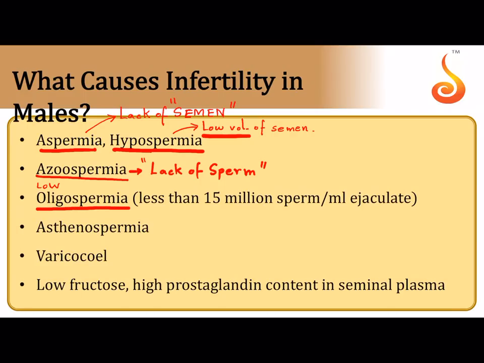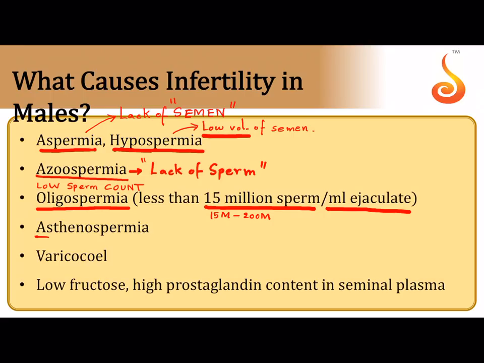So I'm going to call this low sperm count. Normally the sperm count must be more than 15 million sperm per ml of ejaculate, up to about 200 million. But of course, if a person has less than 15 million sperm per ml of his ejaculate, then he belongs to a bracket of oligospermia, which is called low sperm count.